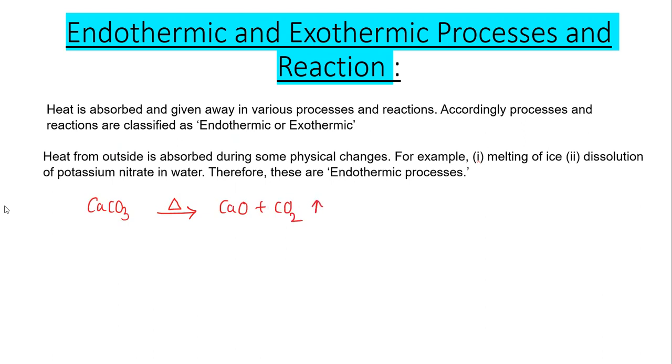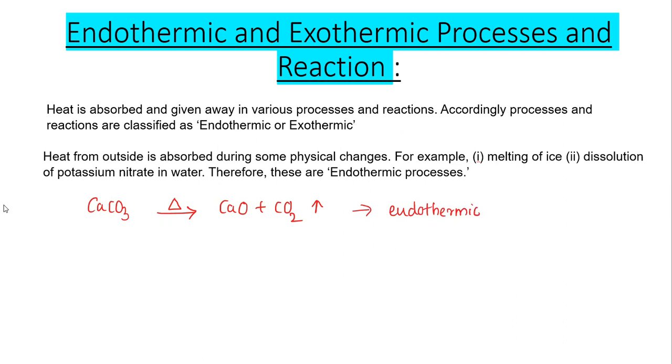These are the products formed. So in this reaction, heat energy is absorbed or we gave heat. Okay, the reaction in which heat energy is absorbed, such type of reaction is called endothermic reaction. So this is an example for endothermic reaction.